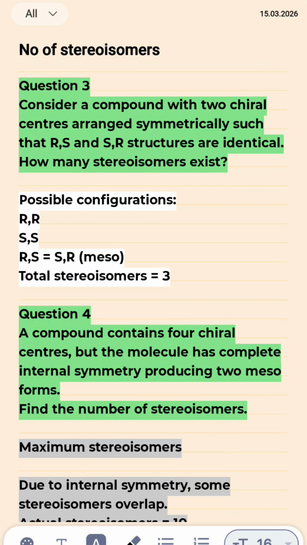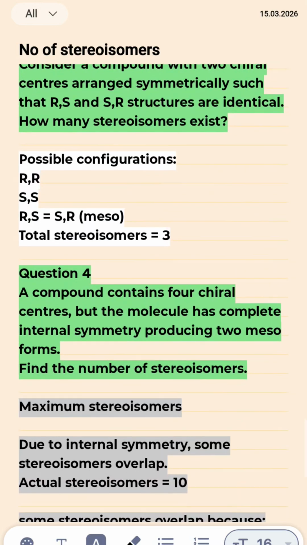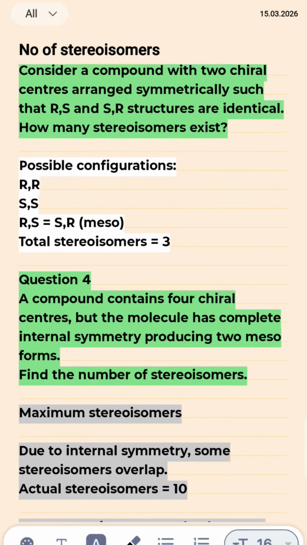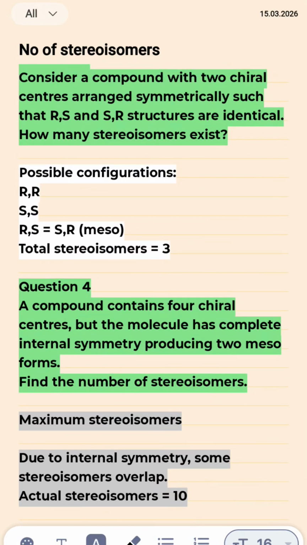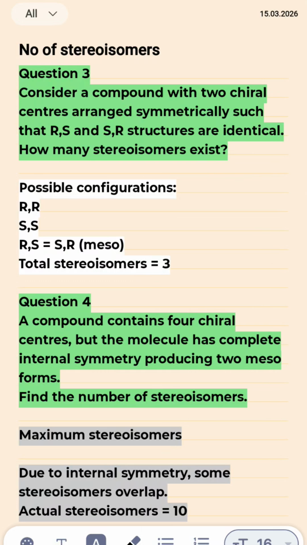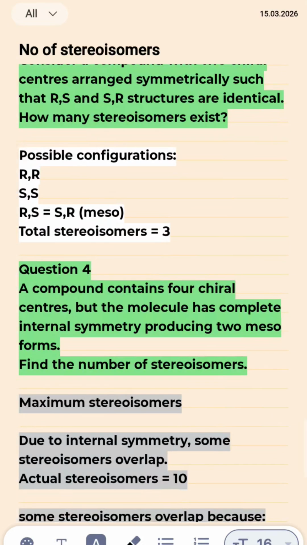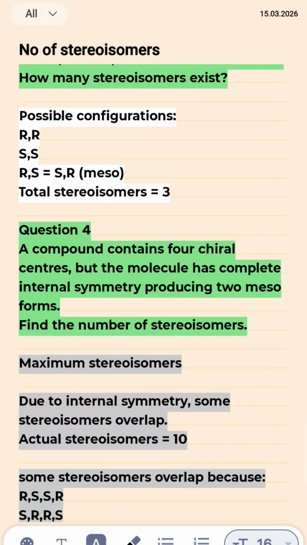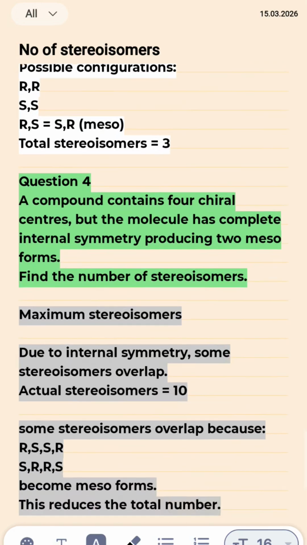So 4 minus 1, I get 3. The possible configurations are RR, SS, and RS and SR, which are the same. They are the meso form due to the presence of internal symmetry. It is said to be arranged symmetrically. So the total stereoisomers will be 3.